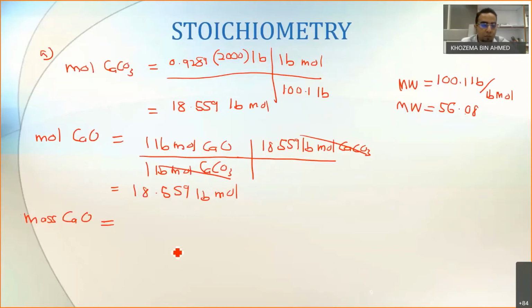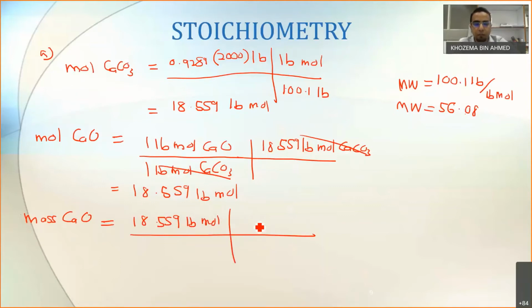So now that I know the molecular weight, I can find the mass of calcium oxide. This is going to be 18.559 pound mole, times 56.08 pound per pound mole.